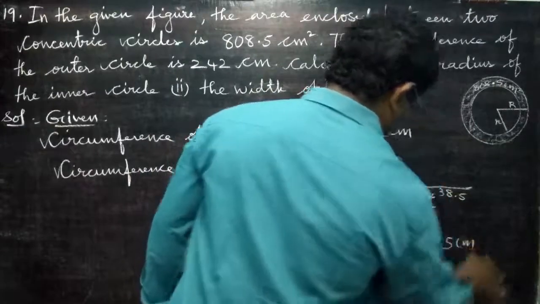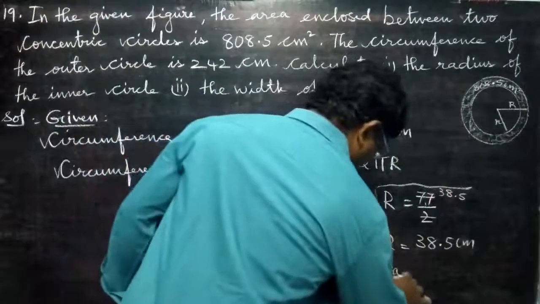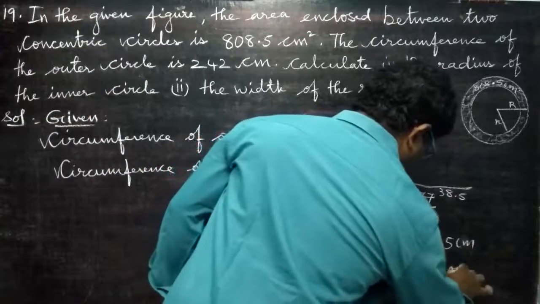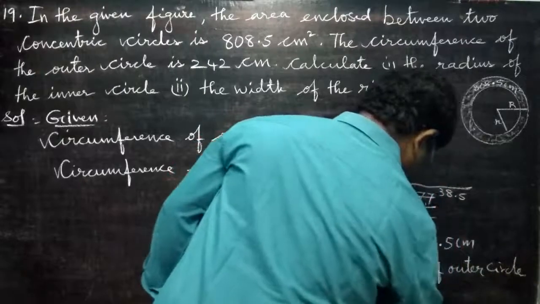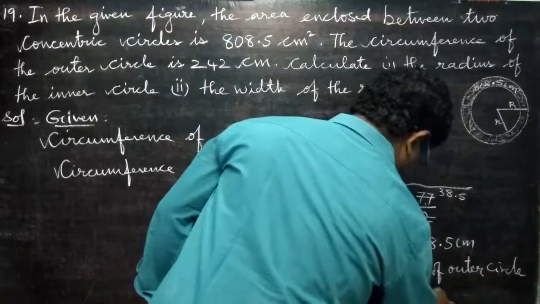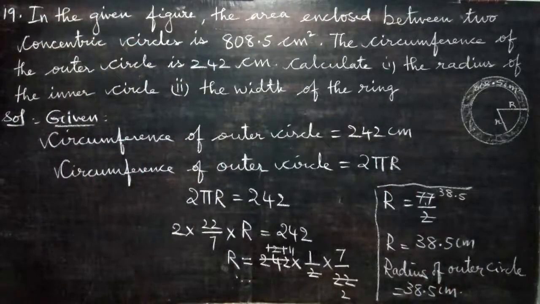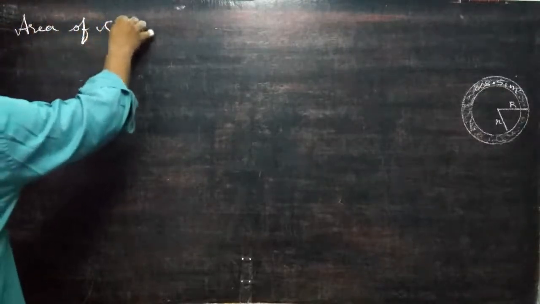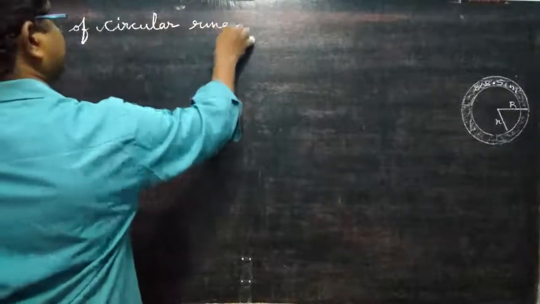38.5 centimeters. What is this one? Radius of outer circle is equal to 38.5 centimeters. Write clearly. Now, area of a circular ring is equal to, what is the formula?